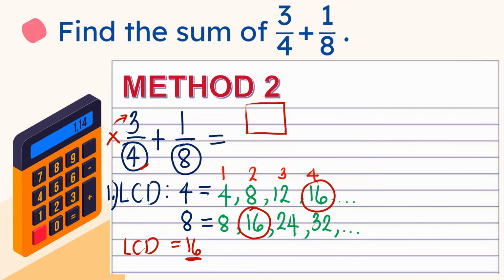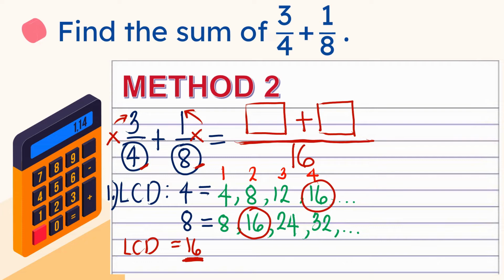And then, copy plus. Next, yung 16 natin na LCD, i-divide mo kay 8. And then, pag nakuha mo yung sagot, i-times natin doon kay 1. Yun naman yung ilalagay natin dito. And then, after that, ayan na. Okay? So, ang isusulat natin sa denominator dito, sa ilalim nito, will be, syempre, yung LCD natin, which is 16.